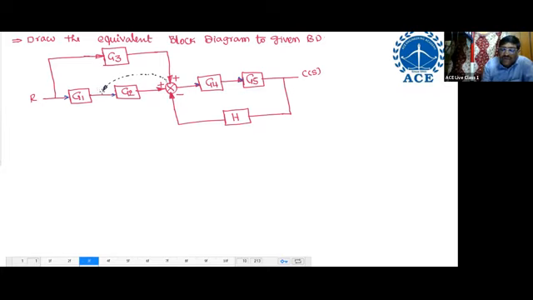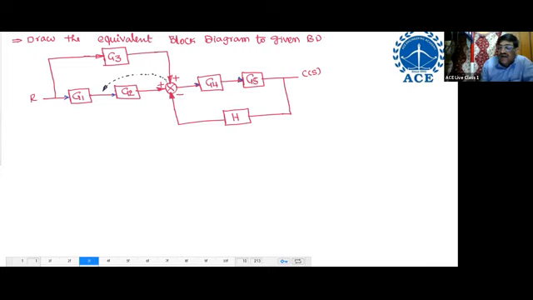Main forward path means the path along which we are doing the shifting operation. So along this path, no block gain changes. That means G1, G2, G4, G5 do not change.